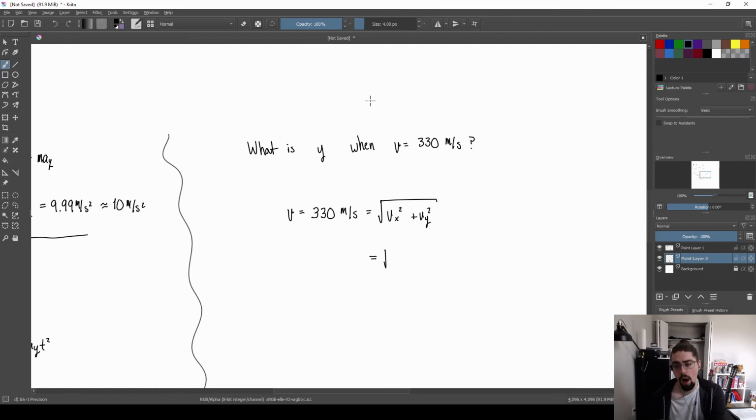We're asking for y when 330 meters per second is our speed. How do we know some sort of relationship between those two? Well, there's a couple different ways that I can imagine this one.